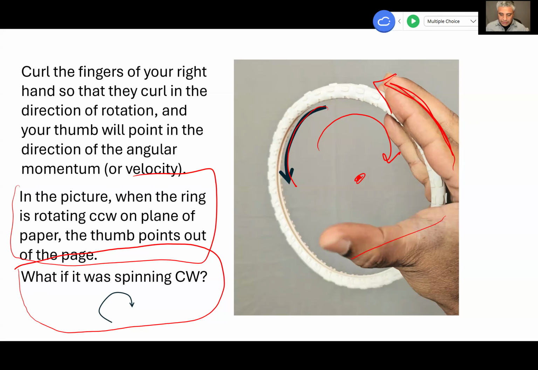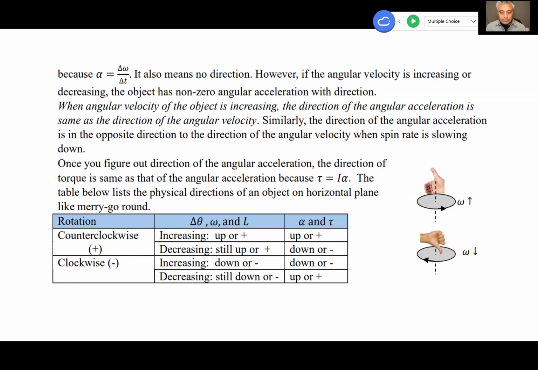So I have a couple more slides here. This is from the notes that I have provided you. It's basically talking about the same thing I just talked about, okay? If you think you still need a little bit of reading to fully understand, it is there, okay?